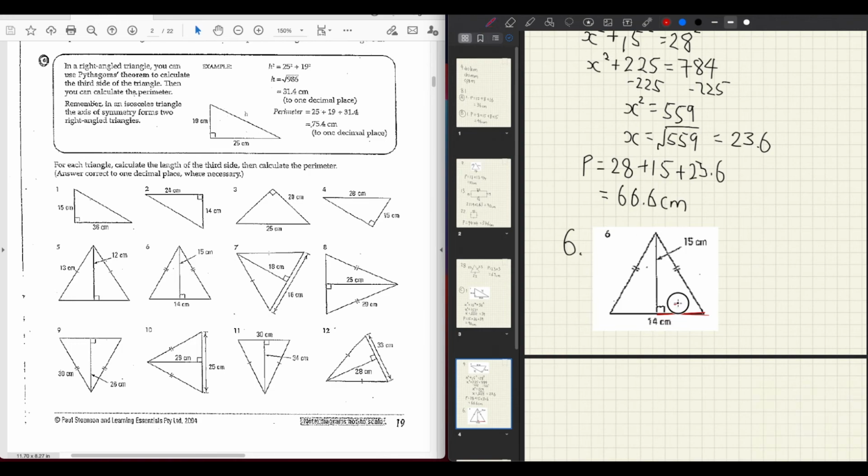So we know that this is 7. If we know that this is 7 and this is 15, we can work out the hypotenuse using Pythagoras' theorem. So I'm just going to put this as x. So we can say that 7 squared plus 15 squared equals x squared, because x is the hypotenuse.